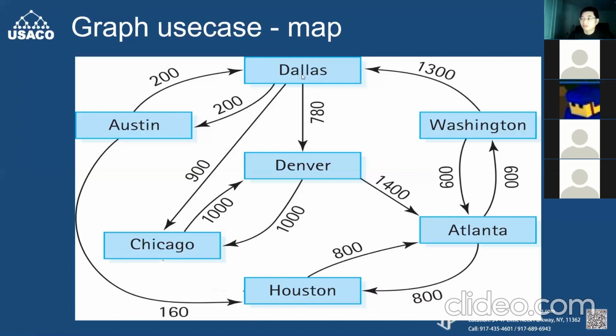But if Dallas, Denver, Atlanta, Houston, I'm just giving you an example, even though it has 3,000 distance, if the speed is good, no traffic jams, road is in good condition, speed is fast, it may take less time than the Austin way.